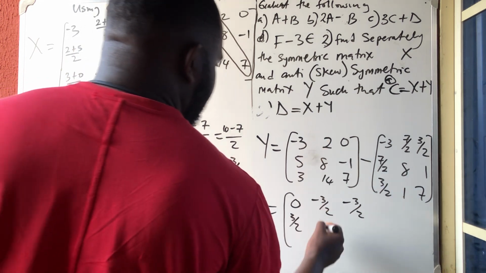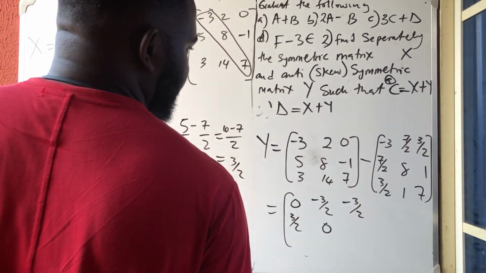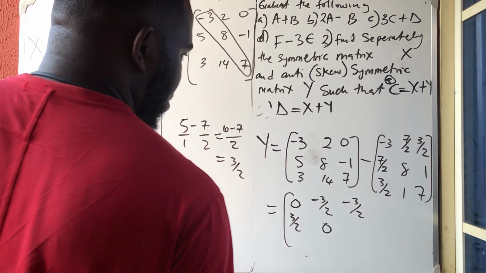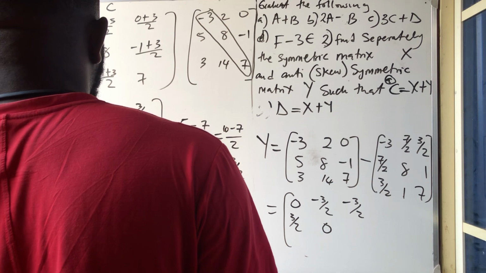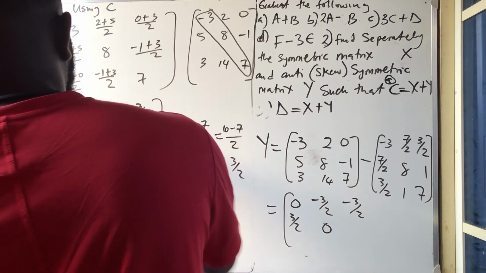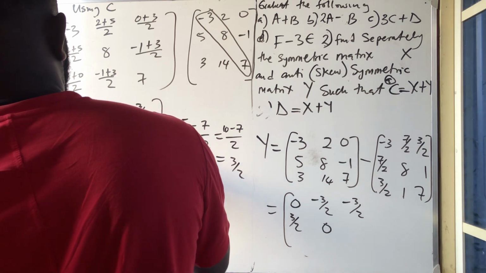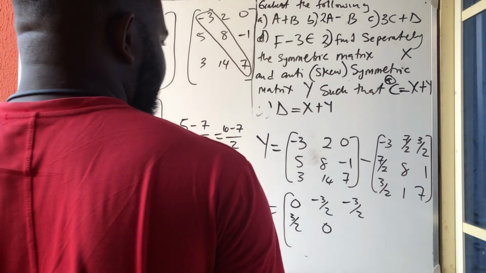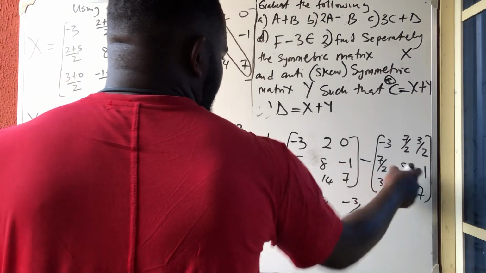Okay, then my 8 minus 8 is 0. Then the next one is minus 1 minus 1, which will give you minus 2.